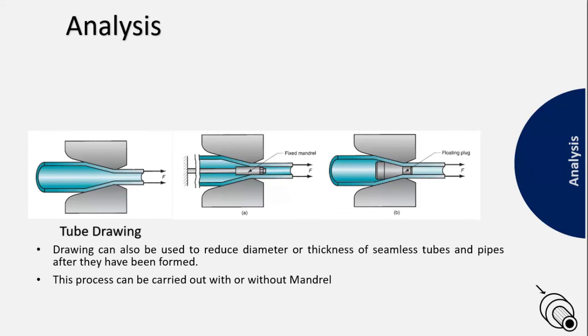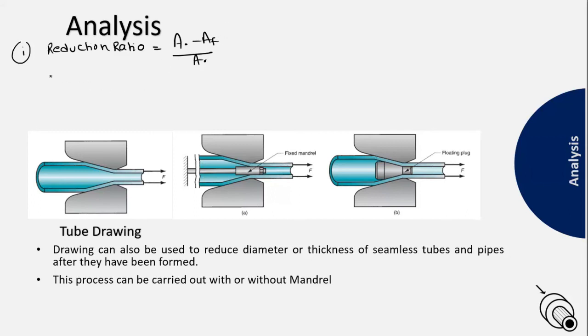The first and foremost is the reduction ratio. The reduction ratio is equal to initial area minus final area divided by the initial area, right? And obviously we mean the cross section area here.